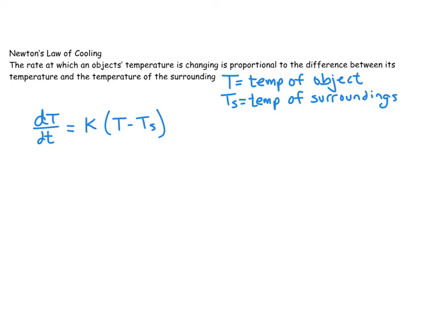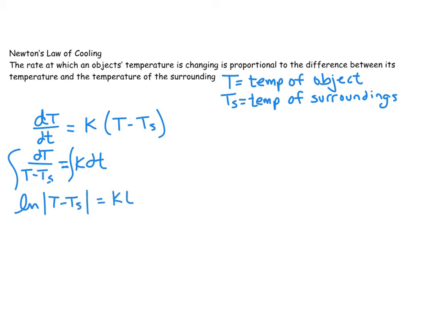So once again, we'll do separation of variables: dT over T minus T sub S will equal k dt. And just like all the other ones before, we're going to integrate both sides. This becomes the ln of T minus T sub S equals kt plus c.